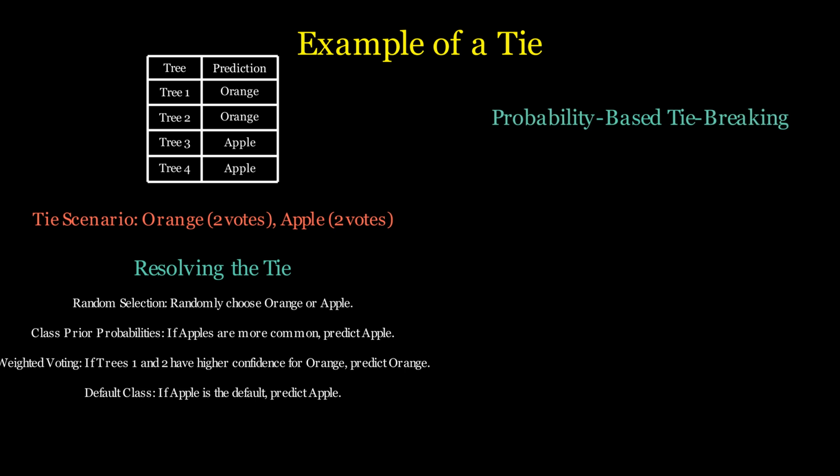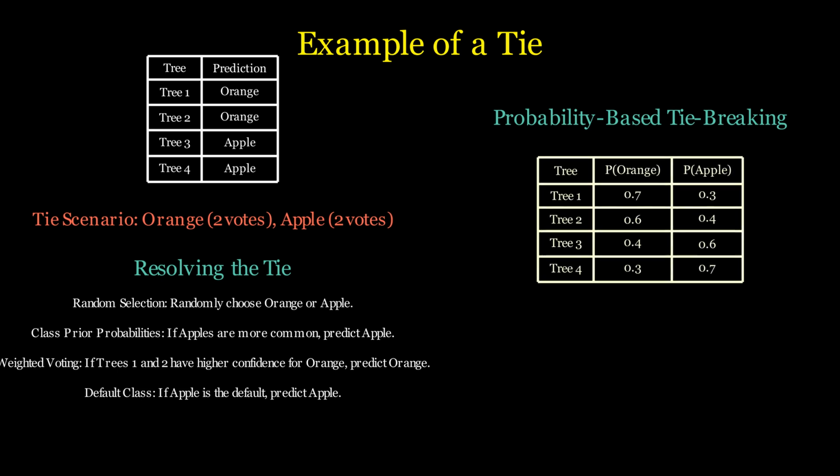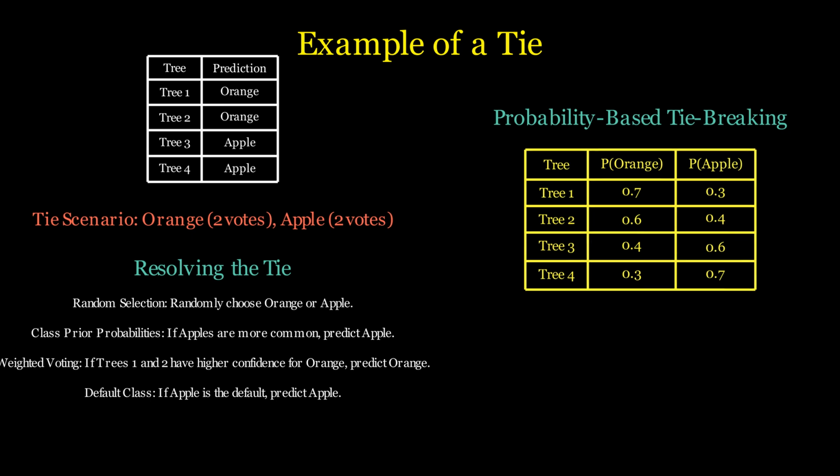If the random forest outputs class probabilities, the tie can be resolved by selecting the class with the highest average probability. Here, tree 1 predicts orange with 70% probability.